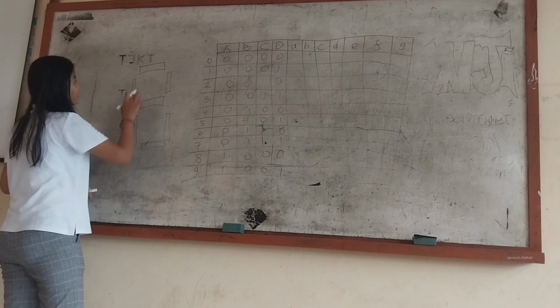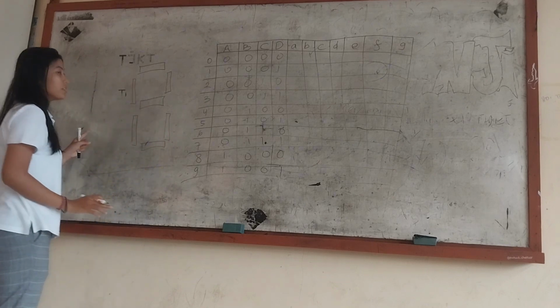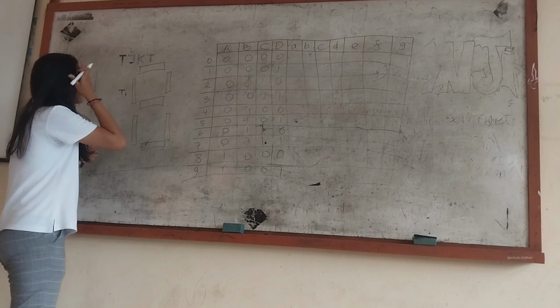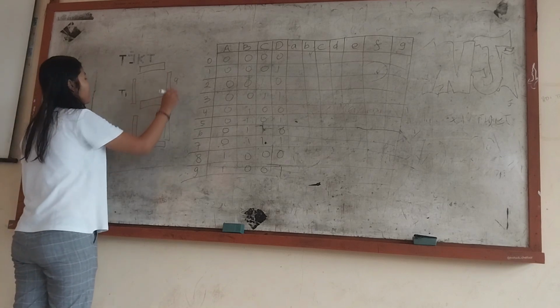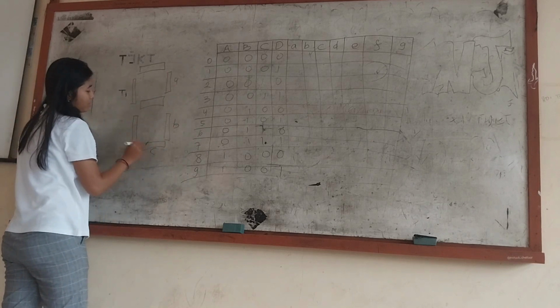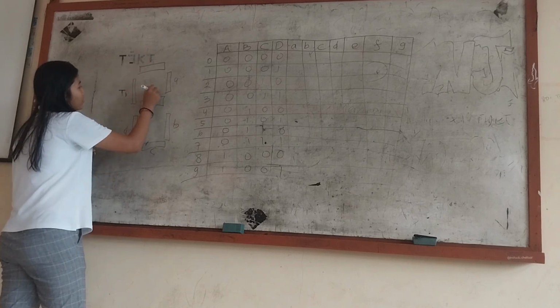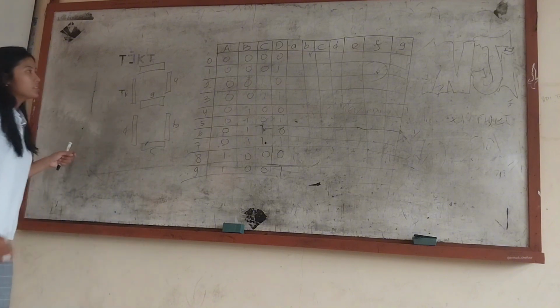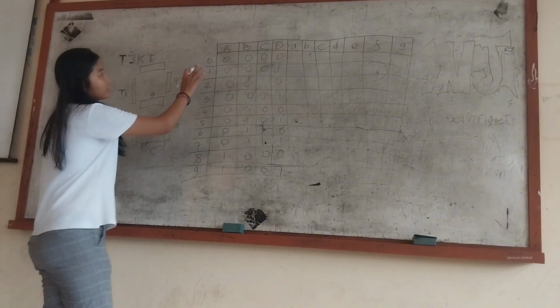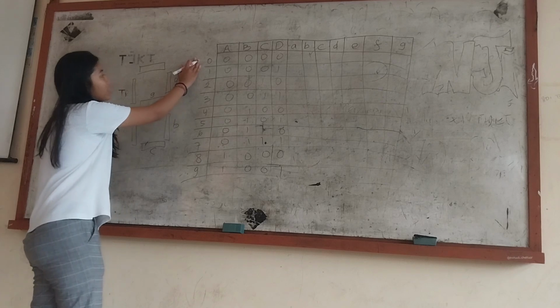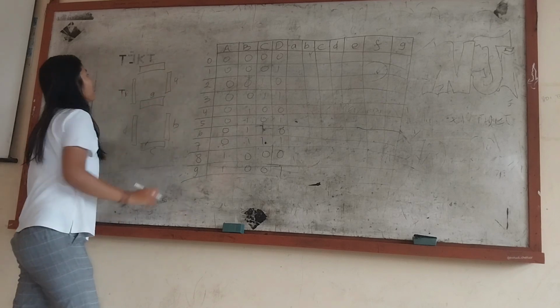So in here, this is the illustration of the BCD to 7-segment. And this is A, this is B, C, D, E, F, and the last one in here is G.